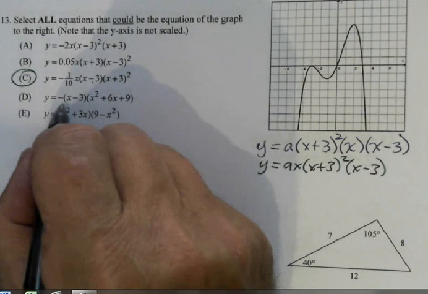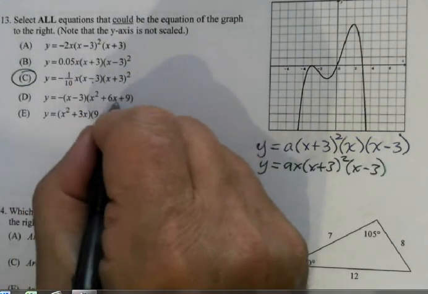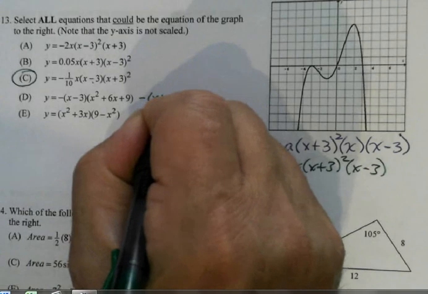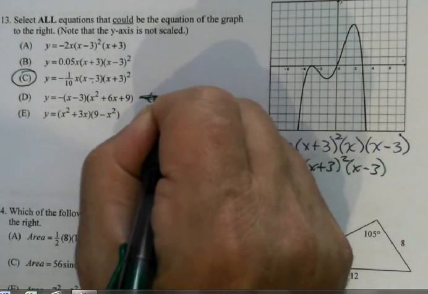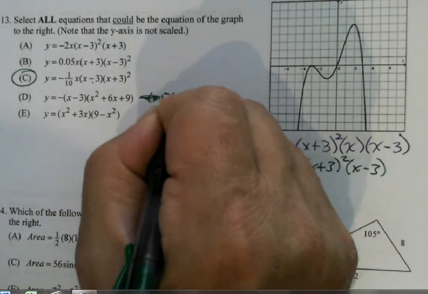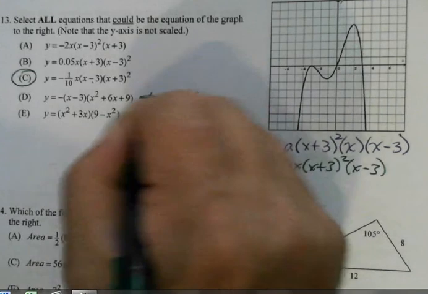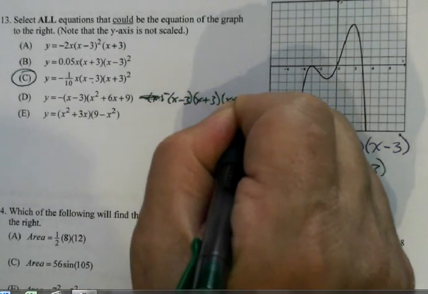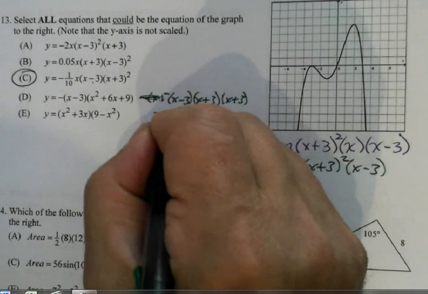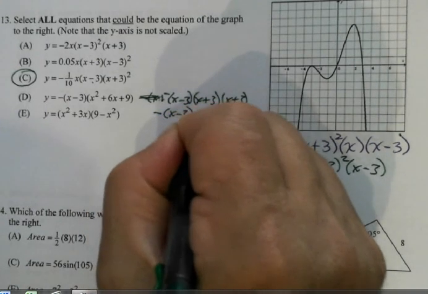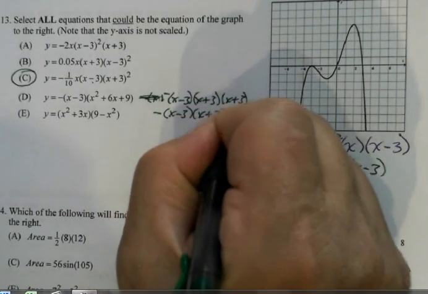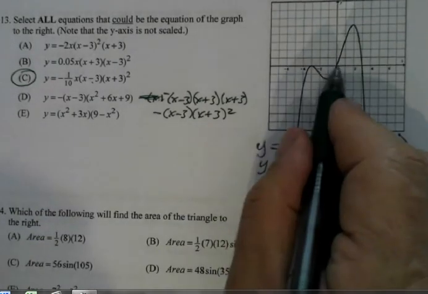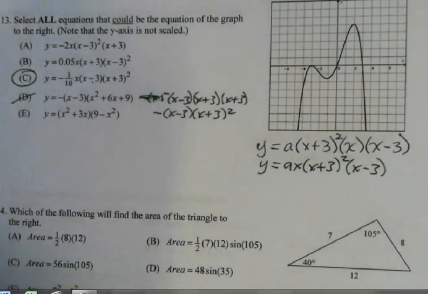Well, right here, this factors to negative x minus 3 times x plus 3 squared, but I don't have an x. So that one doesn't work.